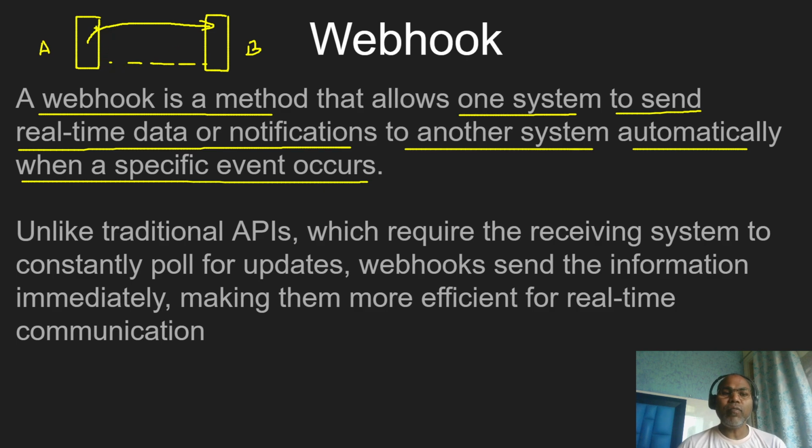The other way: if any event happens, any situation or state change happens inside system A, A automatically informs, hey B, this is your data. So here A decides, now we need to respond or call a particular API or method of another system.